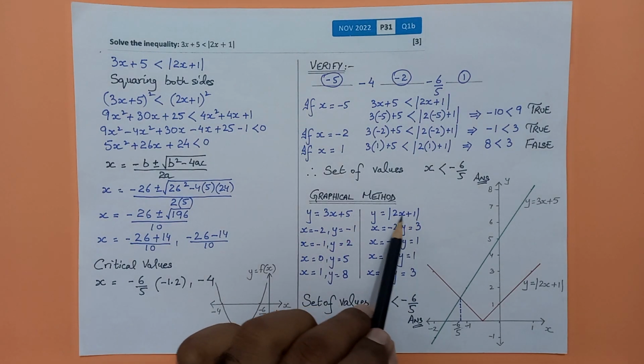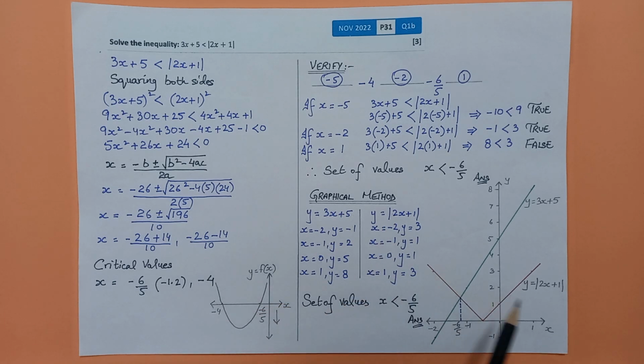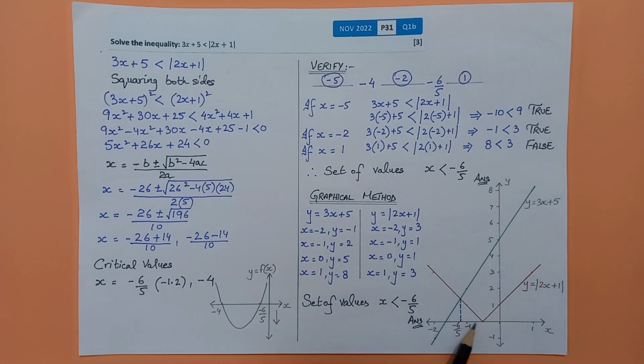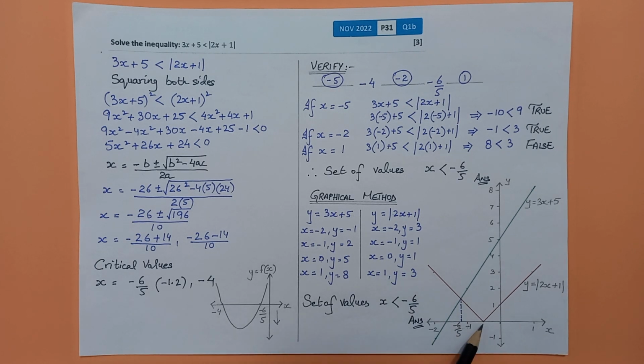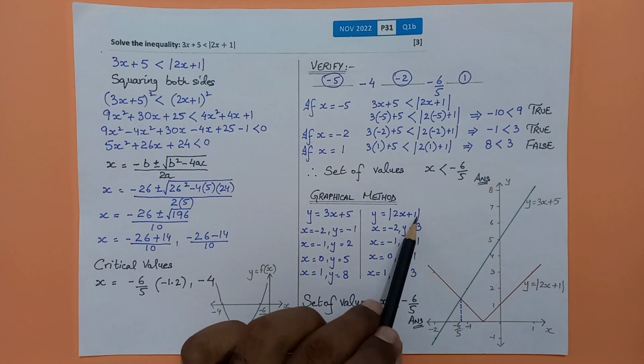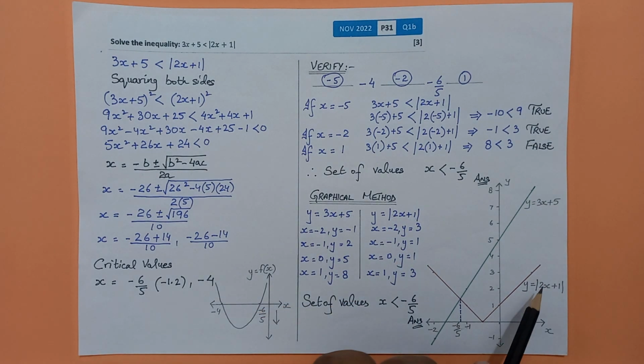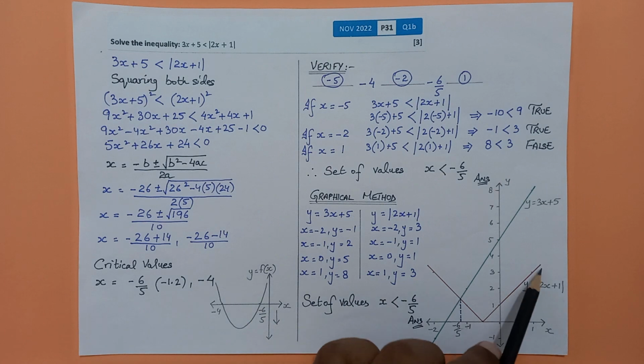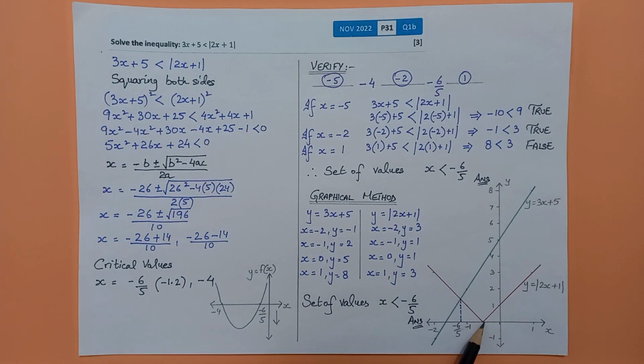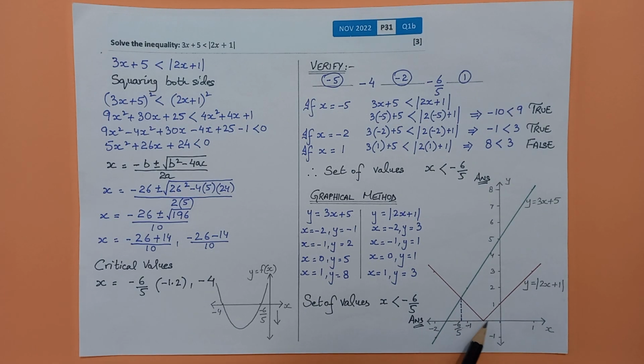But when it comes to modulus, you can observe that the graph of this just touched the x-axis and bounced back. It did not go below the x-axis. Why? Because below the x-axis y is negative and modulus is never negative. That is why the graph of this one would simply touch the x-axis and bounce back, and touching the x-axis means over there the value of y is 0.